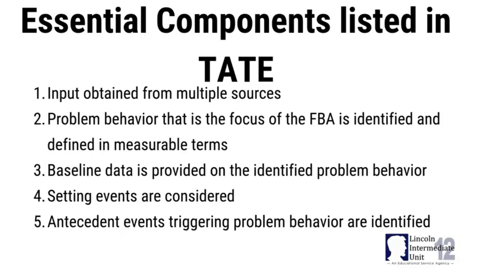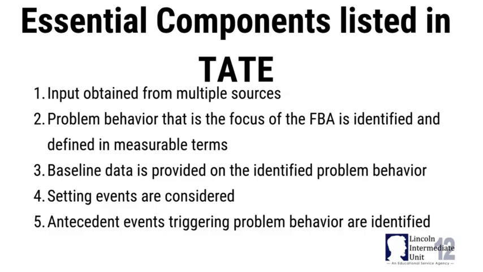Essential components listed in the TATE. These are going to be those line items in the TATE that will be scored for whichever FBA or behavior intervention plan you are looking at the moment. So, number one is input obtained from multiple sources, making sure that you're not just asking one teacher or one source for feedback on a student.